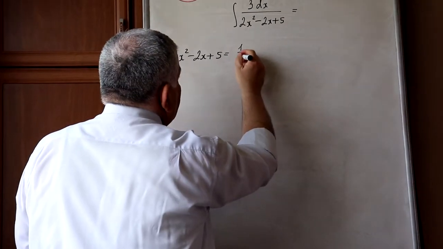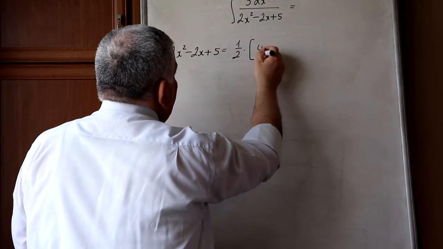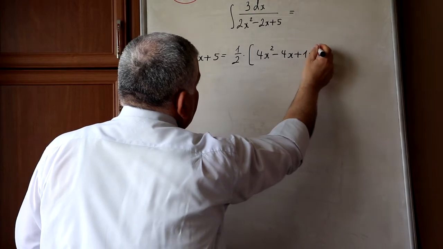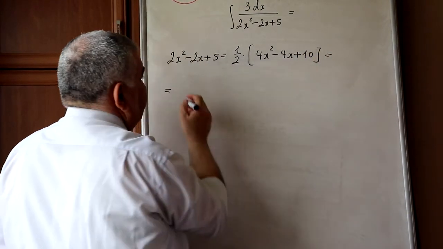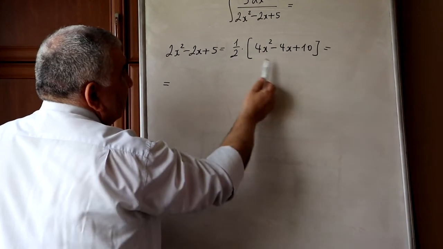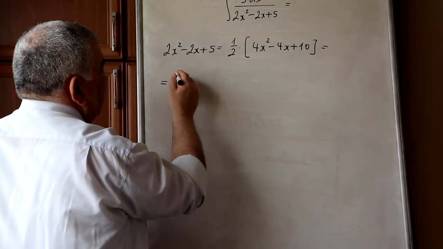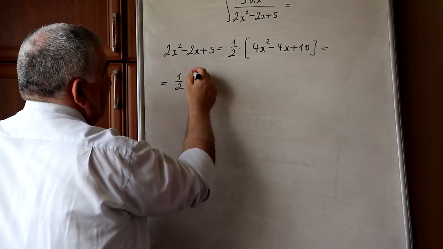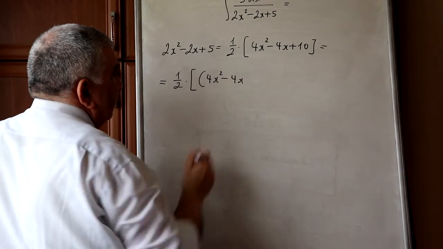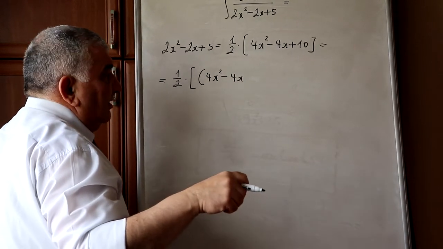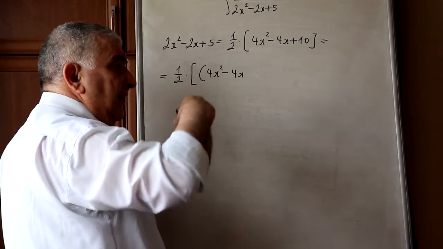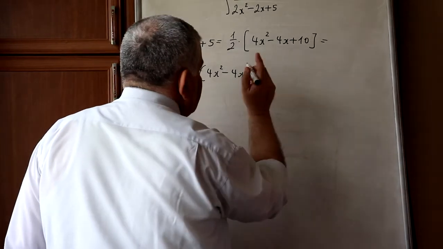Then we have 1/2 multiplied by 4x squared minus 4x plus 10 equals. Then complete the square in the expression in the brackets. 1/2 multiplied by 4x squared minus 4x, and for obtaining the complete square, we must add and subtract unit at the same time.